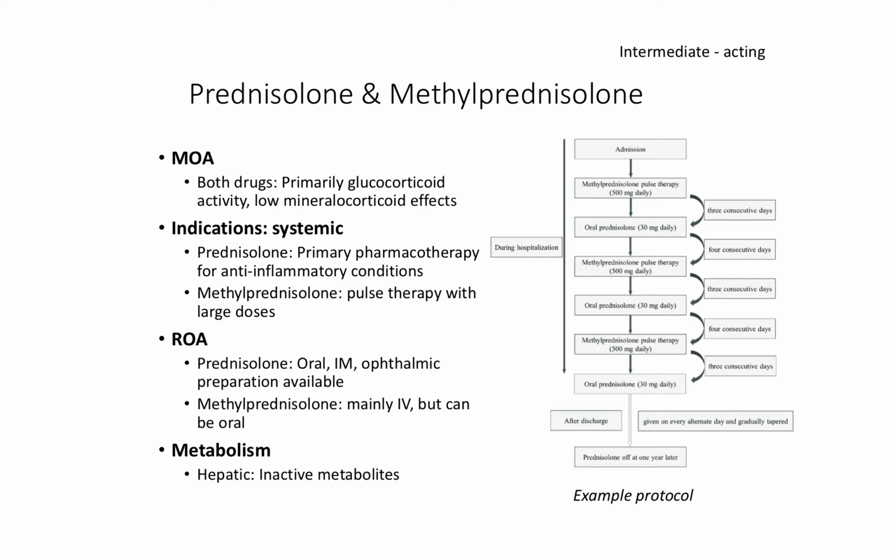The way that these drugs work is binding, again, to both glucocorticoid and mineralocorticoid receptors. They are used for systemic conditions. So prednisolone is the primary pharmacotherapy for anti-inflammatory conditions, and methylprednisolone is used in large doses as a pulse therapy.